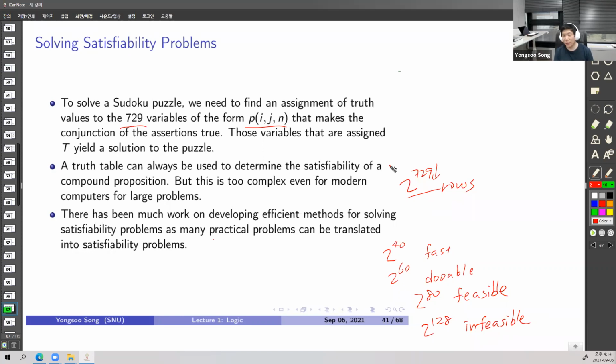If you come up with a fast Sudoku solver, that can be used to accelerate image processing or find a new medicine to cure rare diseases. So these problems come from very different domains, but they are somehow all connected.